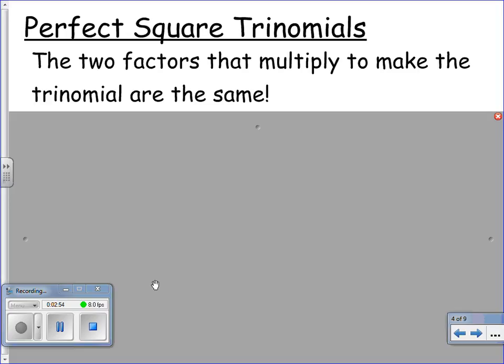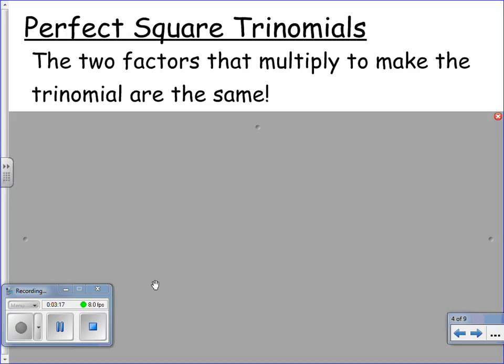It's basically the same definition as a perfect square number. Why is 25 a perfect square? Because we have two factors that are the same, 5 times 5. Same for 36, 6 times 6.